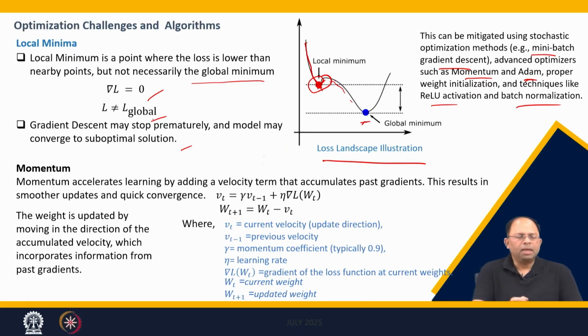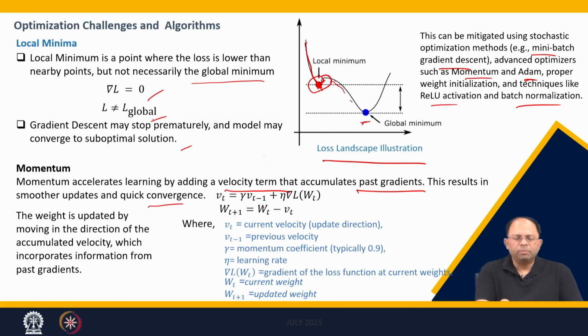Now what is the momentum algorithm? The momentum algorithm accelerates learning by adding a new term to the gradient descent approach, which is the velocity term. It contains information about the past gradients, so this results in smoother updates and quicker convergence.